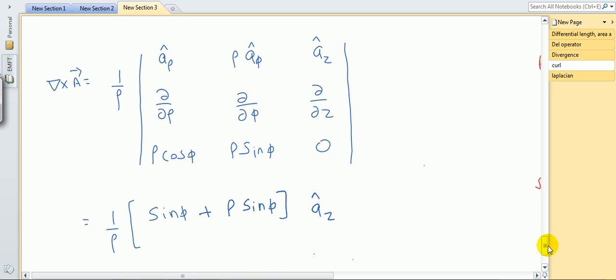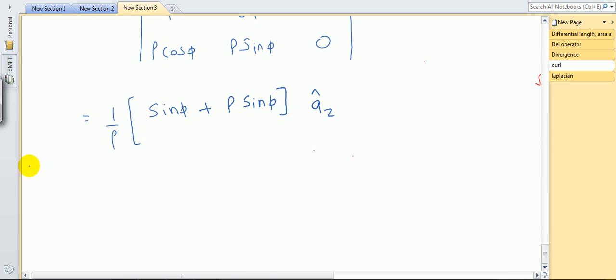So I can write this as sin phi, I can take common, 1 plus rho by rho and sin phi, and sin phi az cap. This is my del cross A.